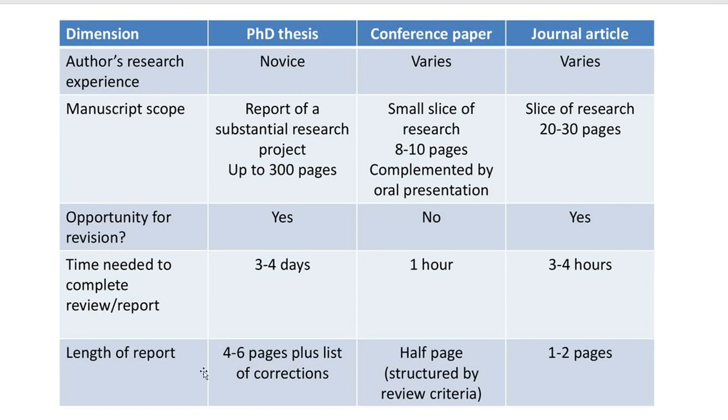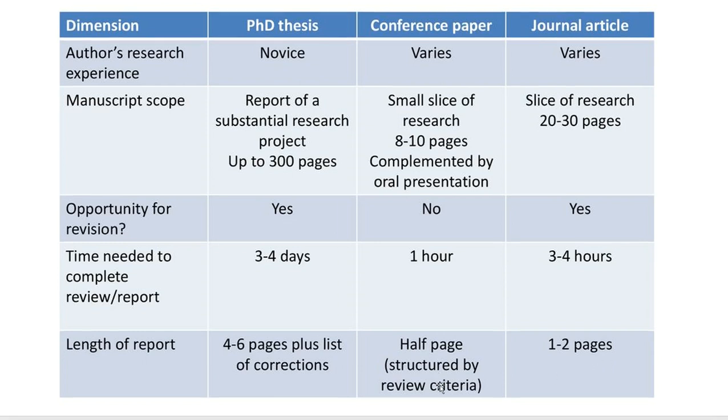For a PhD thesis, the report is structured by review article criteria, and 1 to 2 pages for articles. But because there are so many 3 or 4 reviewers, they give the review report, and it takes a length of 3 to 4 pages.